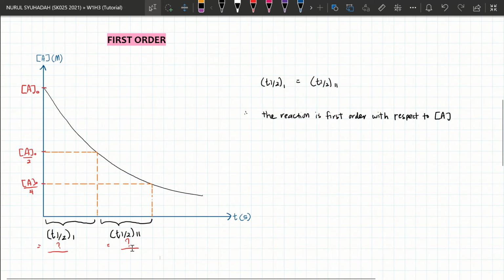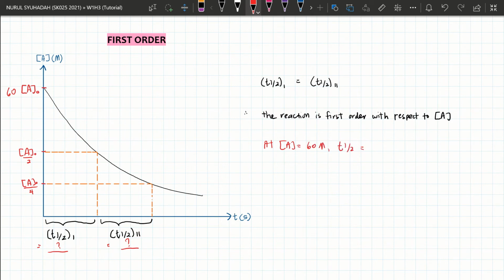Let's say I take the initial concentration as 60. So to write down the half-life value, at concentration A equals 60 molar, the half-life equals, okay, write down the value of the half-life.